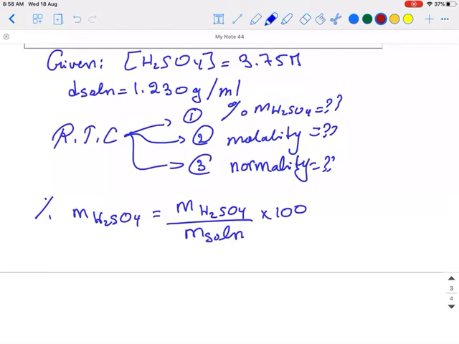I have the concentration of sulfuric acid. I can find from it the number of moles, and from it its mass.